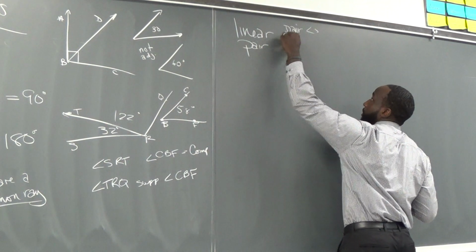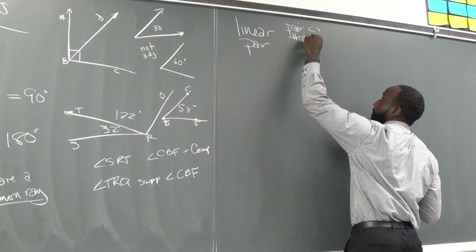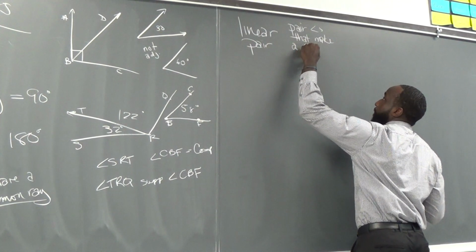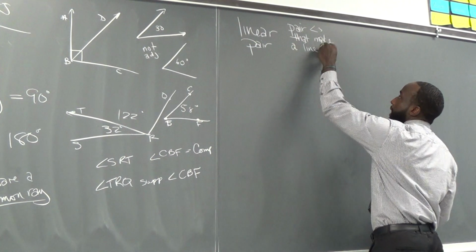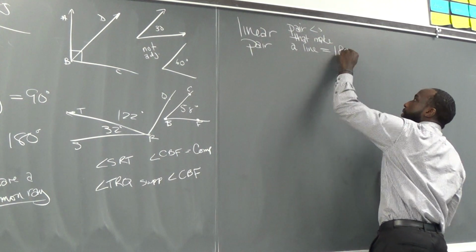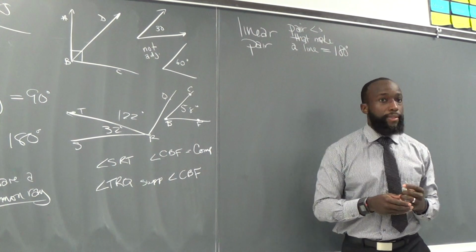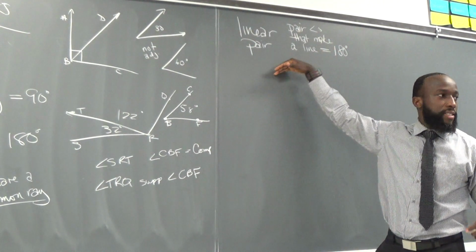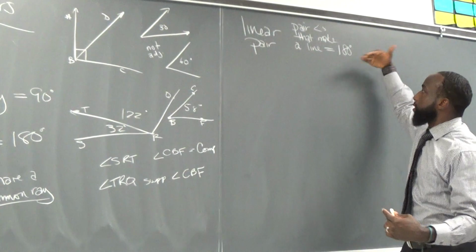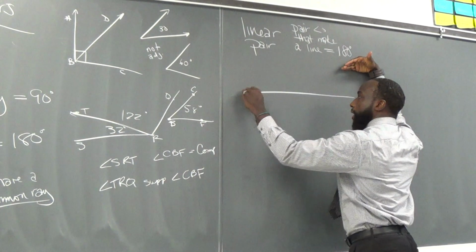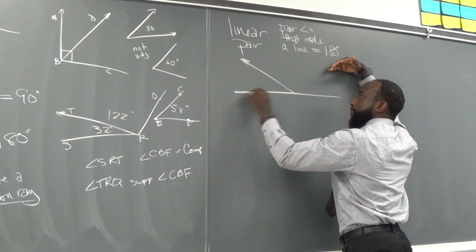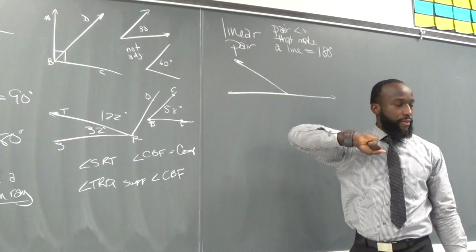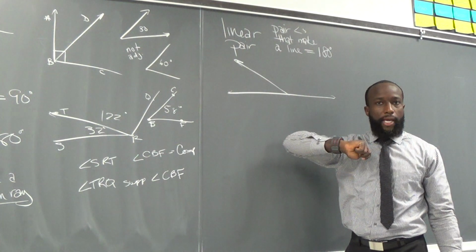And if they make a line, that means they equal 180 degrees. That's it. A line is a straight angle. A straight angle is 180 degrees. So a linear pair will look something like that. This is what a linear pair will look like. We good with that? Okay?